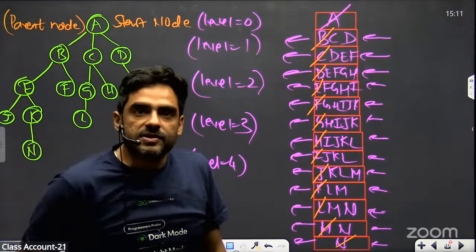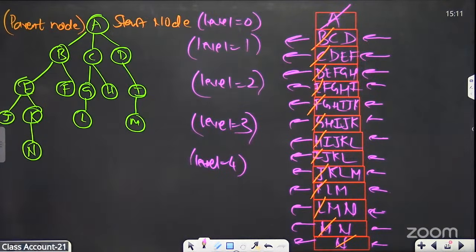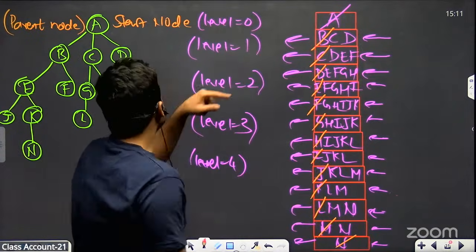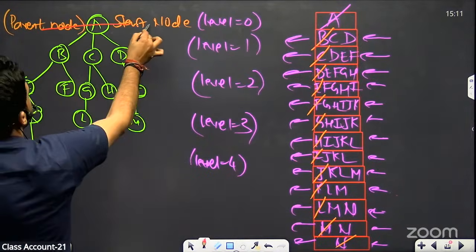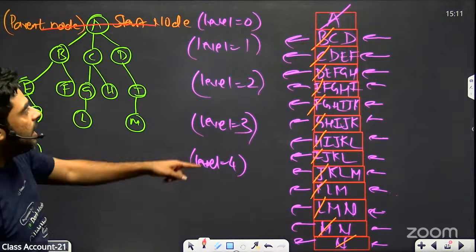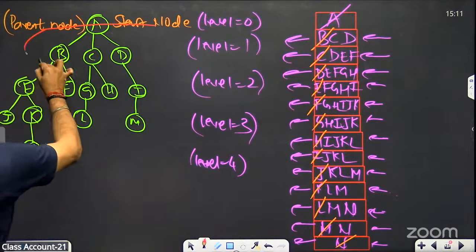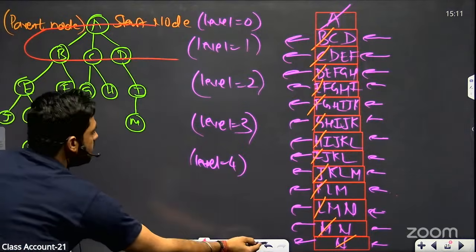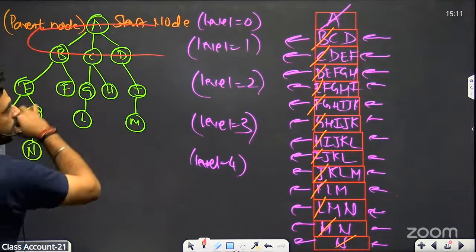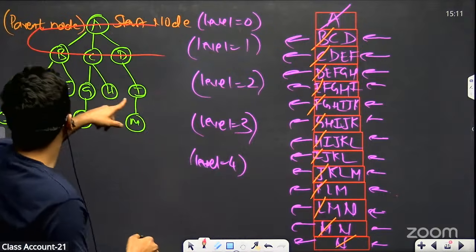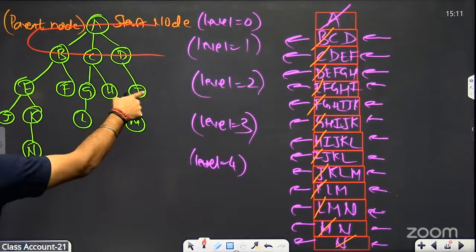Okay, yes. Now if you just see carefully, I have explored A. After that, B, C, and D have been explored. Then after that, E, F, G, H, I, J. Okay.